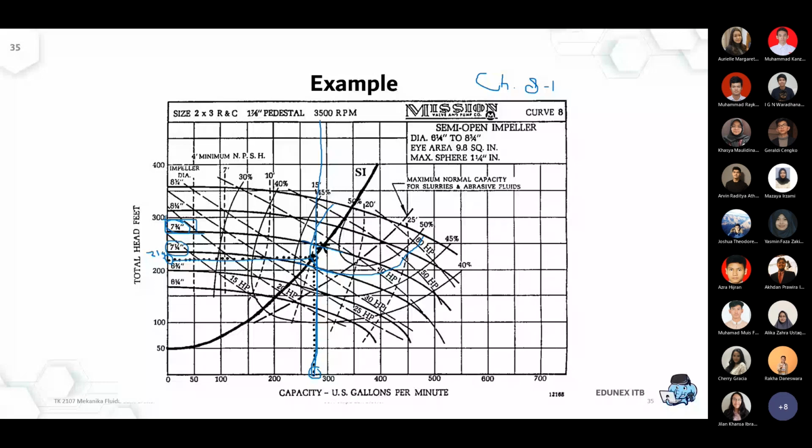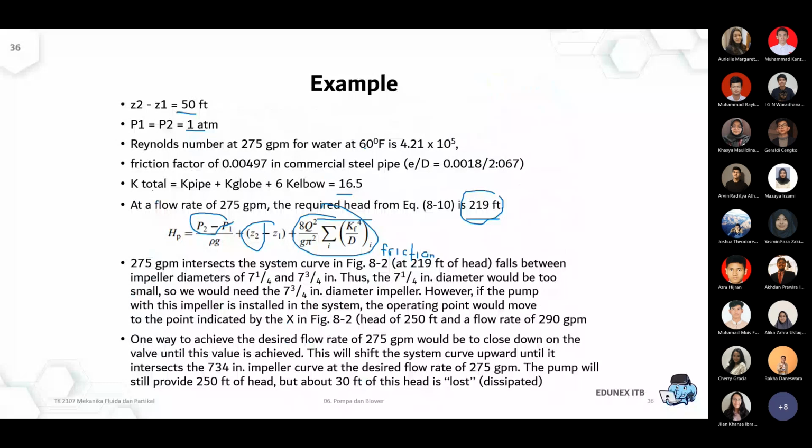Maybe I'll use the time on Thursday to make sure that you understand this example, or if you have any question after you study this example.